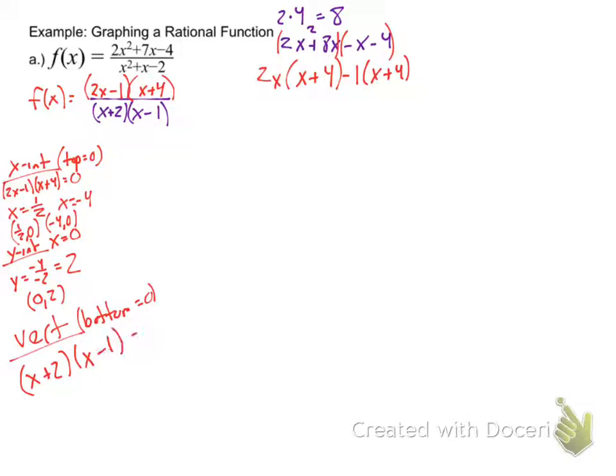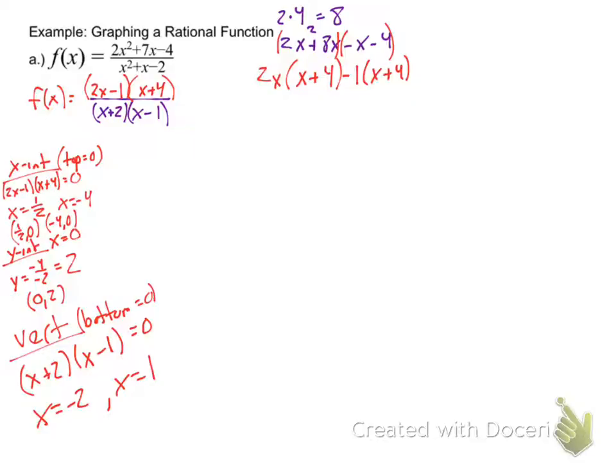I think these ones should go really quick, right? X equals what? Negative 2, and x equals 1. Now, here's the thing. Because those are vertical asymptotes, those are the actual equations: x equals negative 2, x equals 1. The vertical lines are at negative 2 and 1.